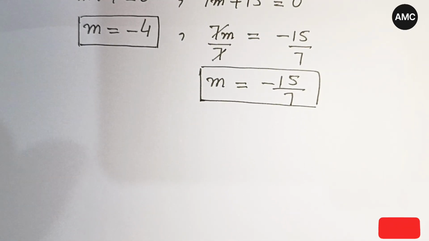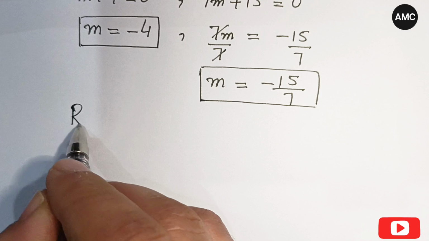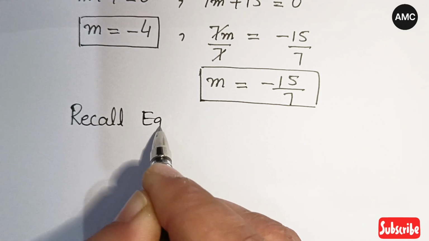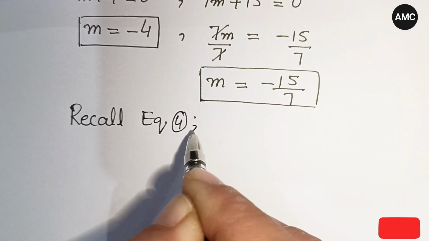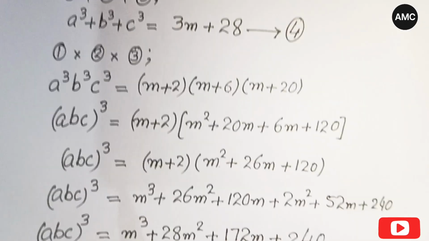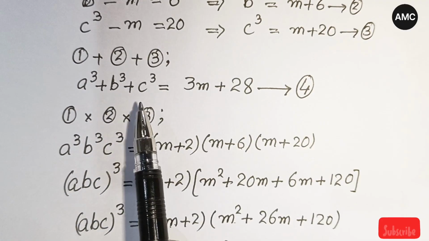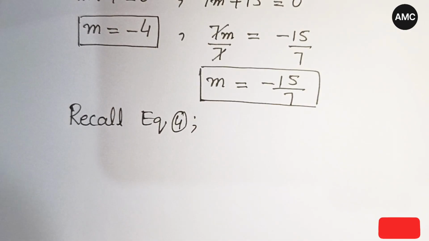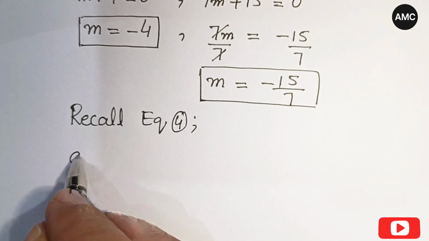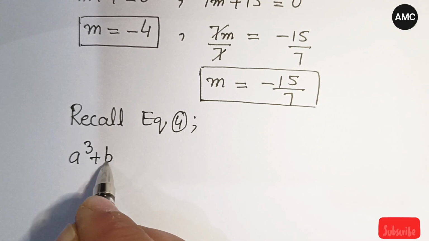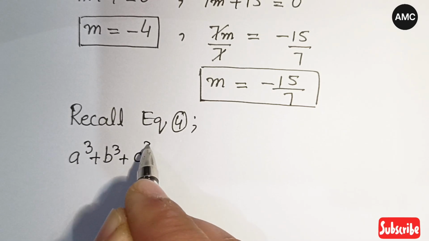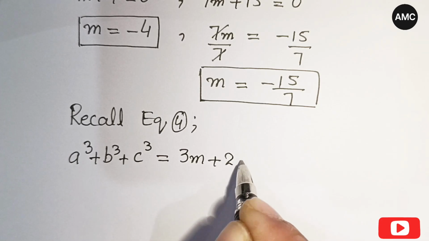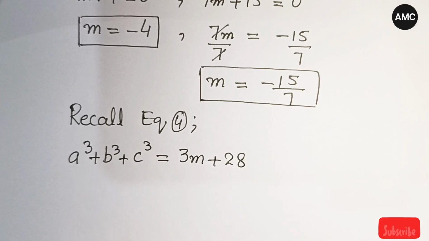Now here recall equation 4. Our equation 4 is given by a cubed plus b cubed plus c cubed is equal to 3 times m plus 28.